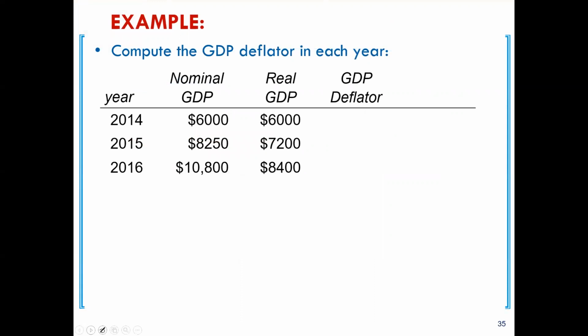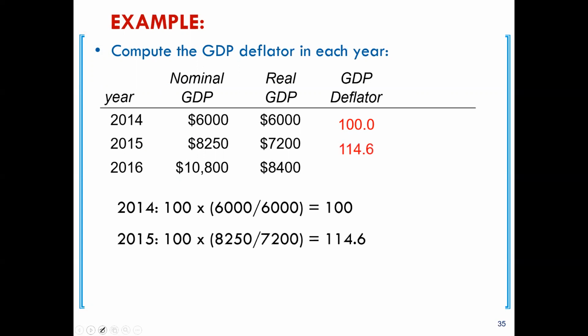So let's look at an example of how to compute the GDP deflator in each year. So we have this table from year 2014 to year 2016, and we have nominal GDP and real GDP. What is the GDP deflator? So for 2014, GDP deflator is 100 times the nominal GDP for 2014 divided by the real GDP for 2014, and the result is 100.